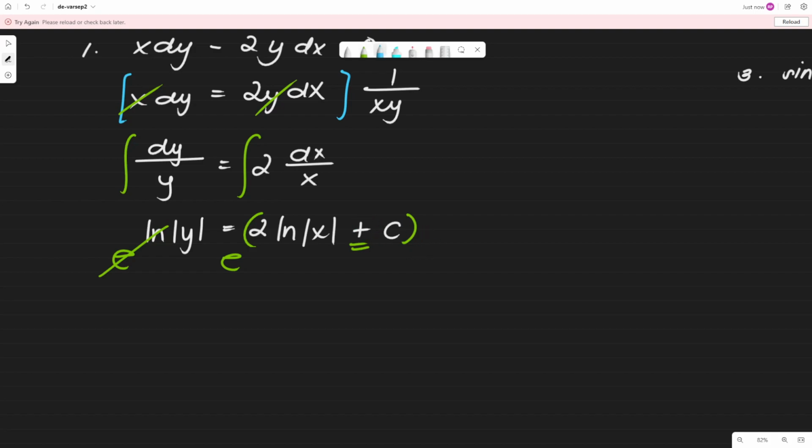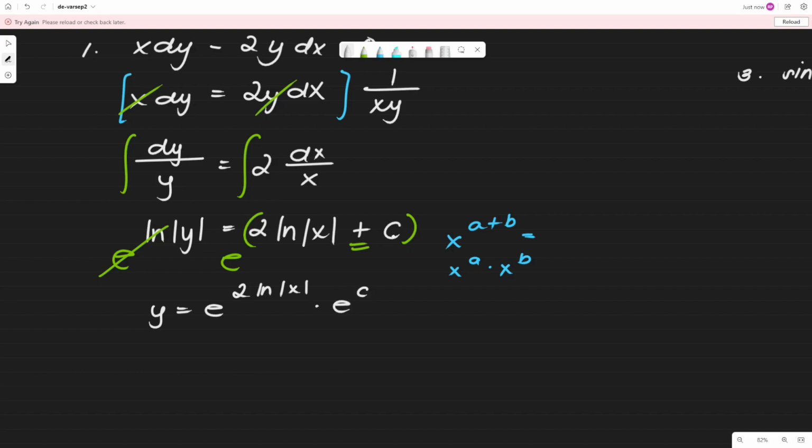So remember, sa laws of algebraic exponents natin, if we have x raised to a plus b, diba this is equivalent to x raised to a times x raised to b. So ganun yung gagawin natin dito. So we will have y is equal to e raised to 2 ln x times e raised to c.